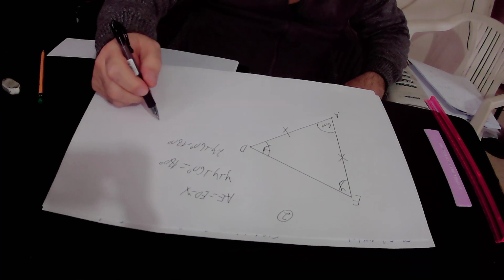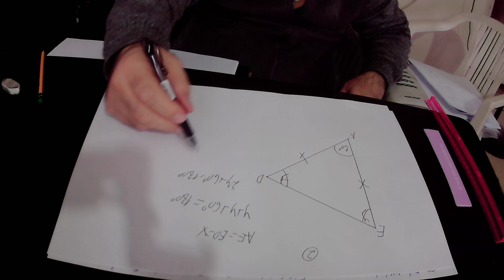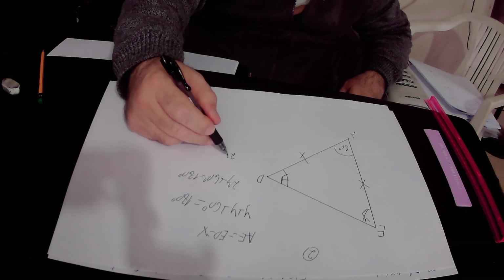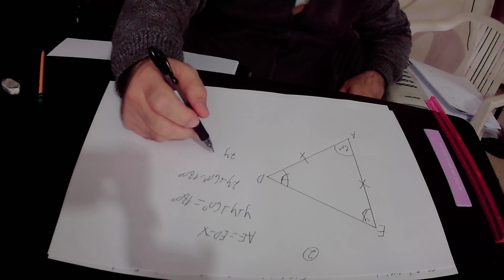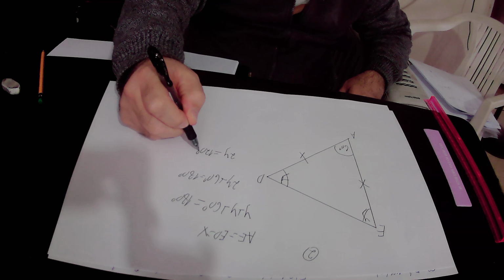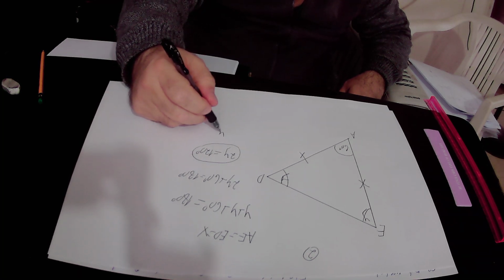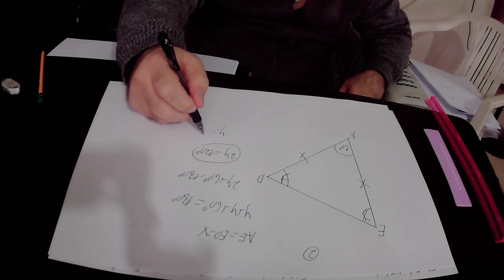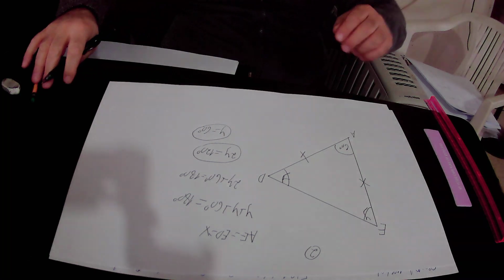We subtract 60 degrees and get 2y equals 120 degrees. Dividing by 2, angle y equals 60 degrees. So we found that angle y equals 60 degrees.